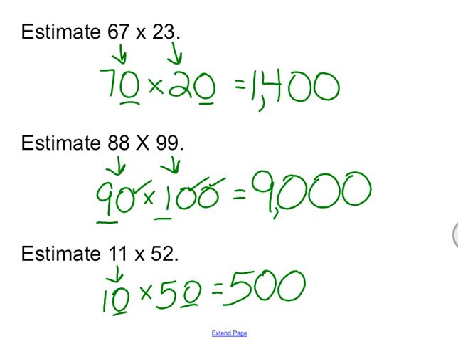So 11 times 52 is estimated to be 500. Okay, again, these are all estimated answers. And when we see questions that ask us about how much, about how many, what is the best estimate, approximately, those are questions that are telling you as a math student that we don't want the exact answer, we want the estimated product.